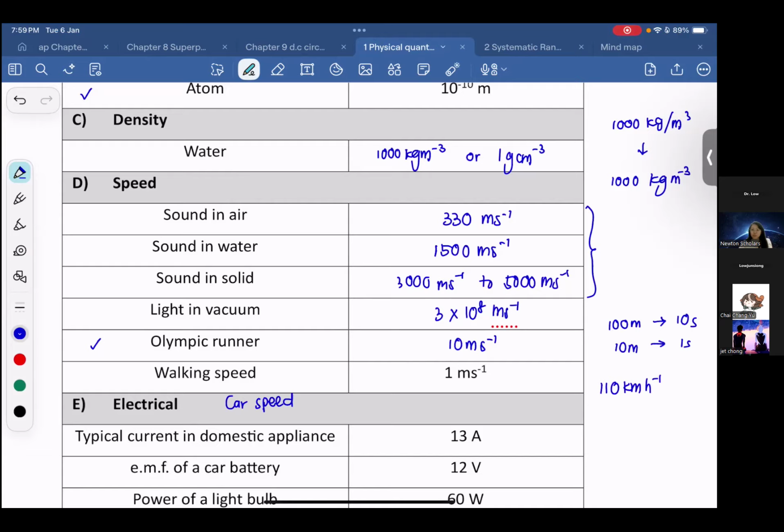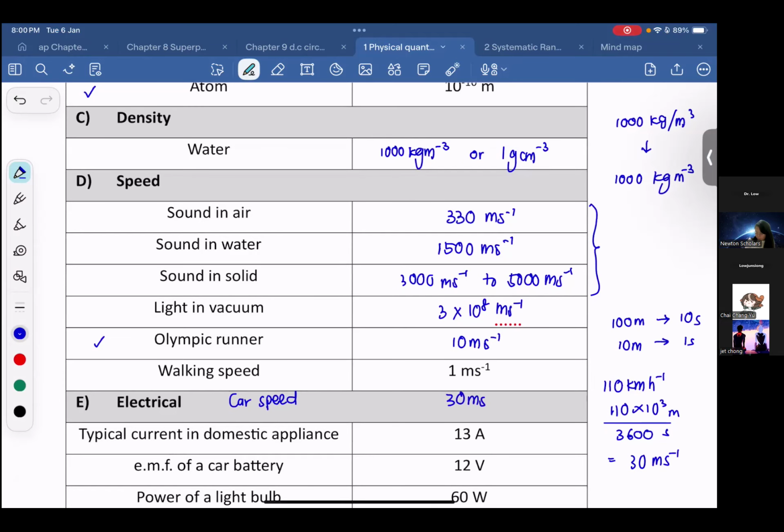So if I convert to meter per second, it will be 110 times 10 to the power of 3 divided by 3,600 seconds. At the end, if not mistaken, you get 30 meter per second. Let me check. 110 times 10 to the power of 3 divided by 3,600. Yes, it's roughly 30 meter per second. So car speed here is 30 meter per second.